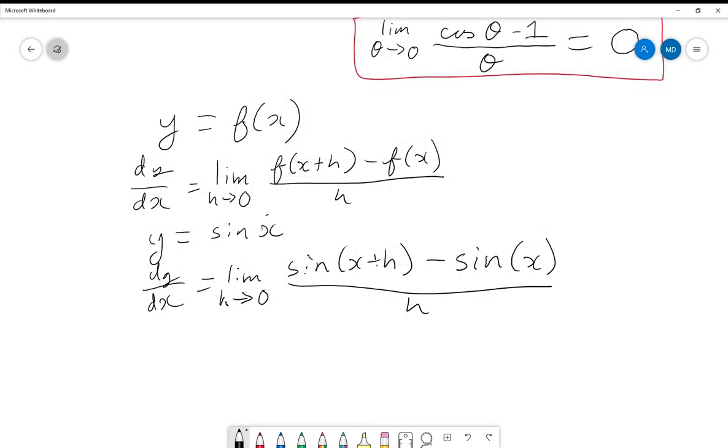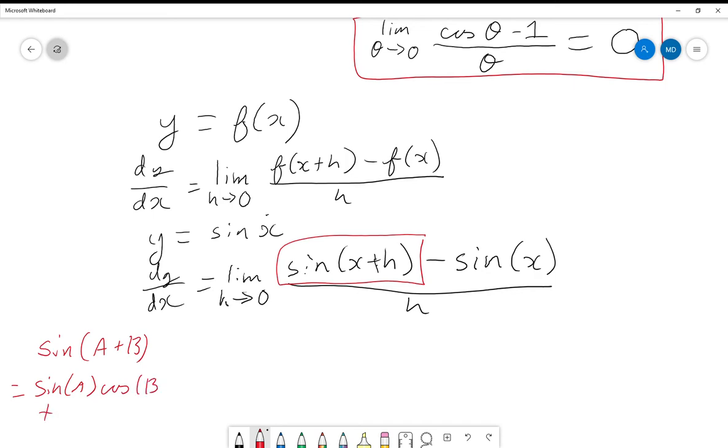Now, you might ask yourself, what do I do here? Well, the trick is to notice that this has an addition inside the sine, and so we're going to use our sine addition formula. Sine of a plus b is equal to sine a cosine b plus sine b cosine a.